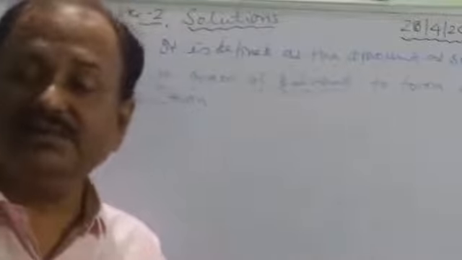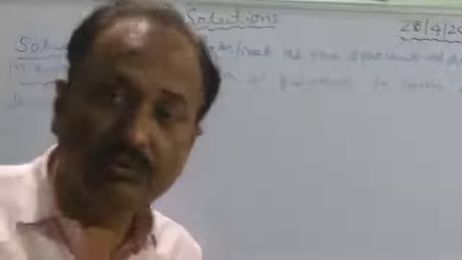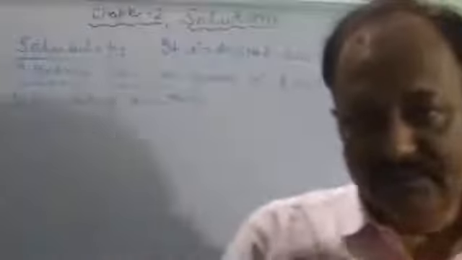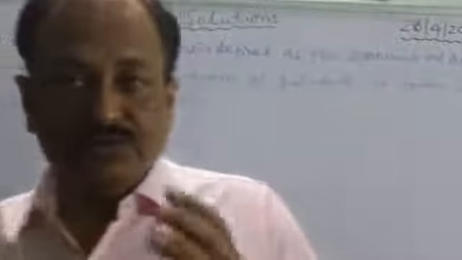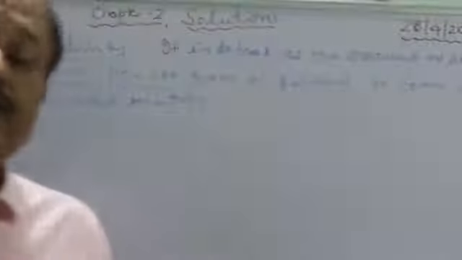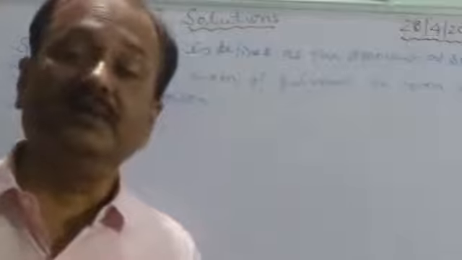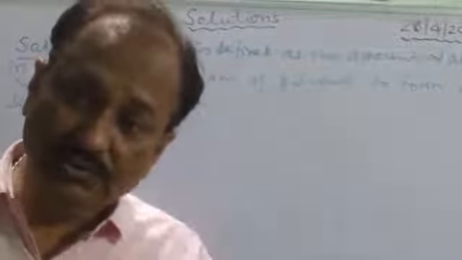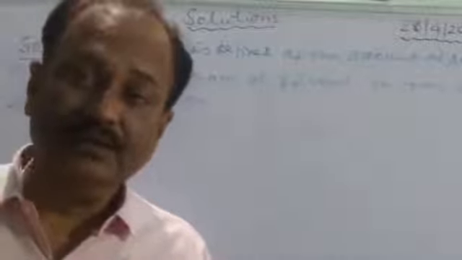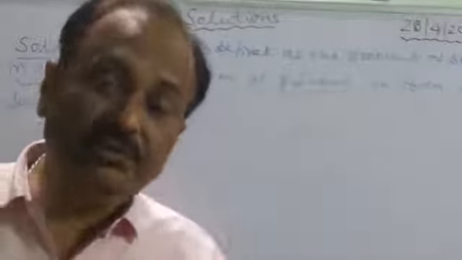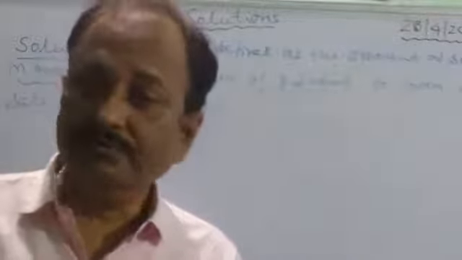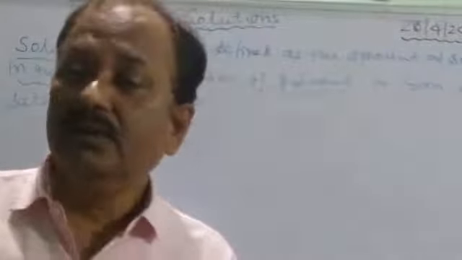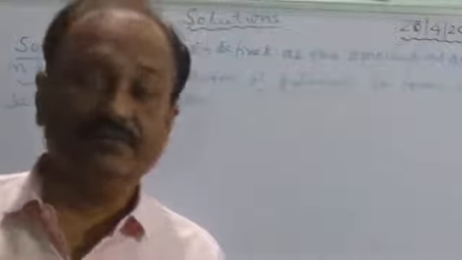Solubility is a parameter to know about the ability of a salt to be dissolved in 100 gram of solvent at a particular temperature. So by solubility we mean the amount of solute dissolved per 100 gram of solvent.